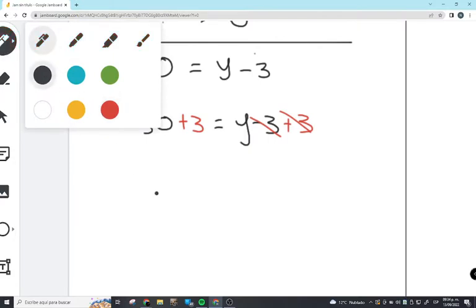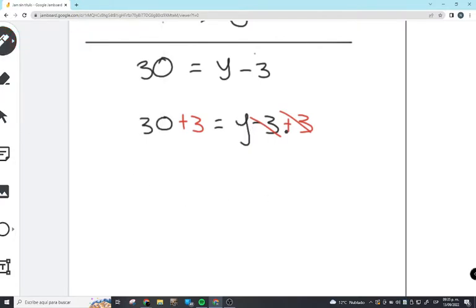Now, y minus 3 plus 3 is only the y, because these two, remember, they disappear together. And 30 plus 3 is 33. So right now, we already know that y is 33. Because if you replace this 33 here, 33 minus 3 equals 30, that's true, so it means that our answer is right.